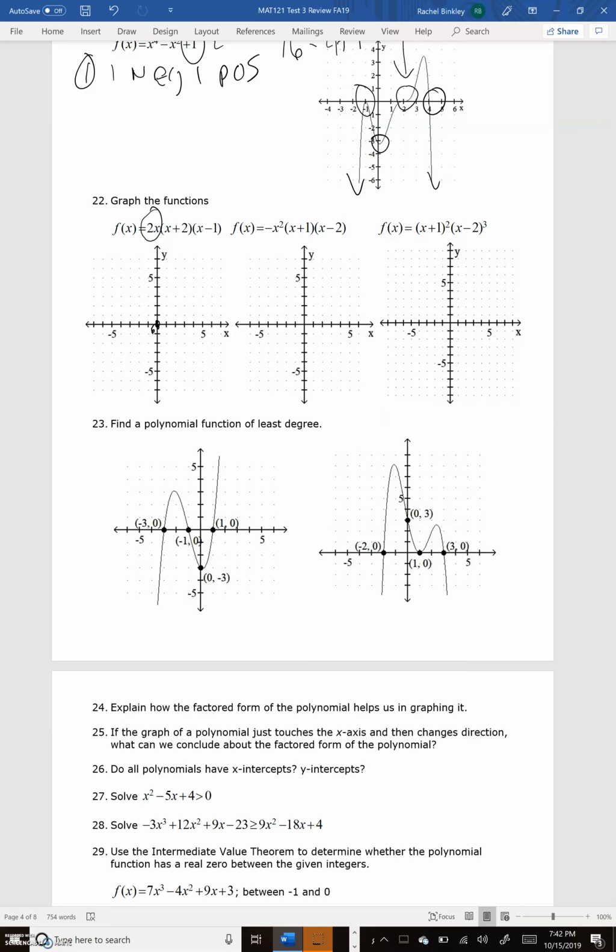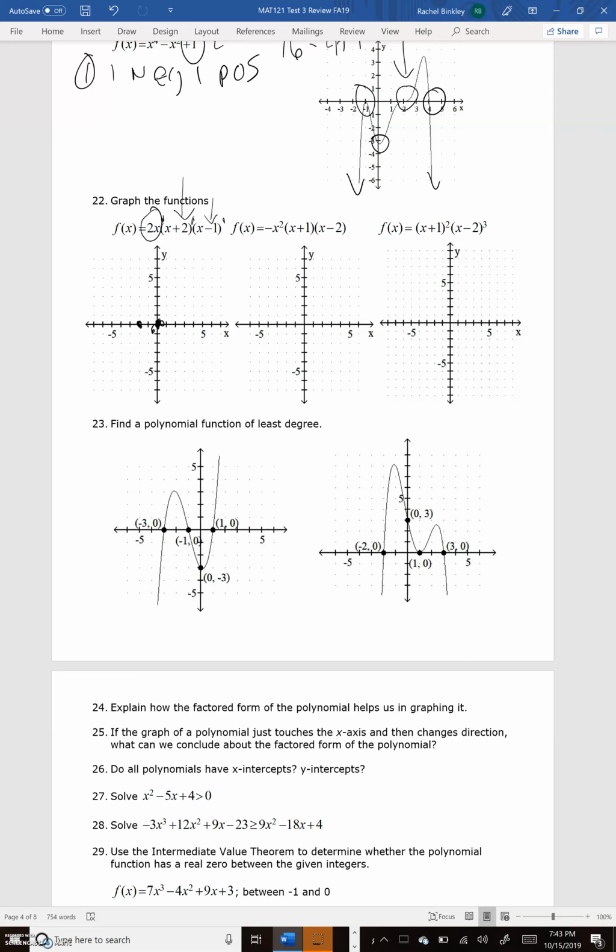Where was I? Oh, so I plotted that 0, if you can tell, even though I didn't change the color. This 0 is -2. I got that one. And this 0 is +1. And this has degree 3 because this x has a 1. This is 1. Multiplicity here. So we have 3.